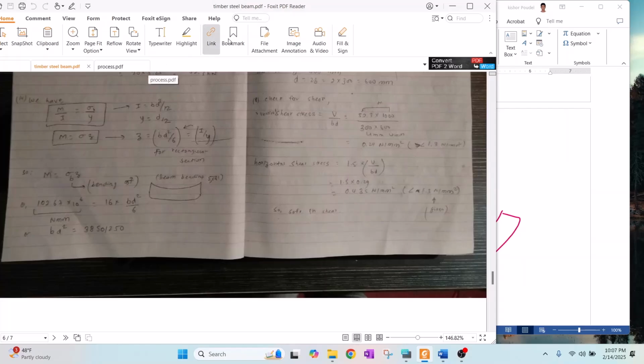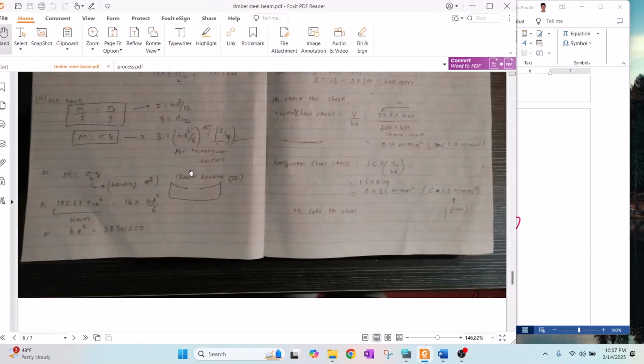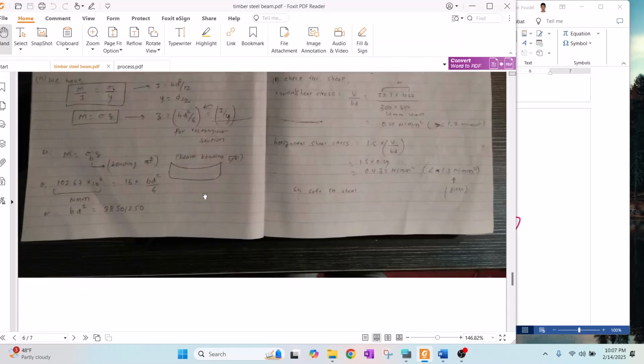You can calculate those too, but most of the time the timber sections used in the real field are rectangular or sometimes square, so you can utilize this formula. So here M equals sigma b times Z, where b means bending.